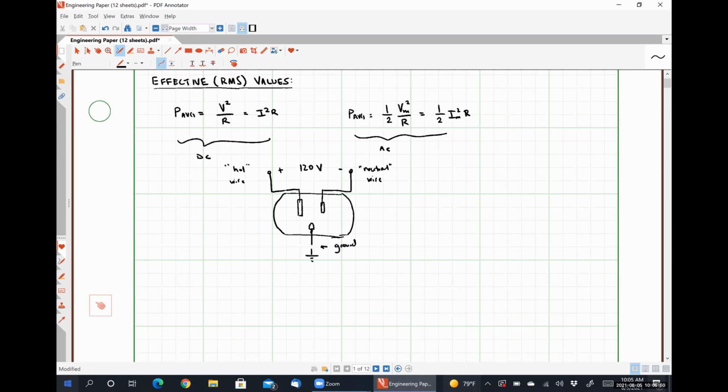So you're both right and wrong. And this is where the concept of effective values comes in, okay? The 120 volts that you're familiar with being supplied by a receptacle in an American home is actually what's called an RMS quantity, okay? And we'll talk a little bit more about what that means in a minute.